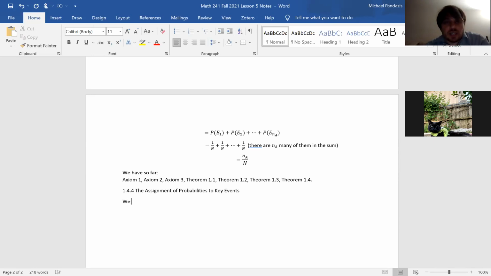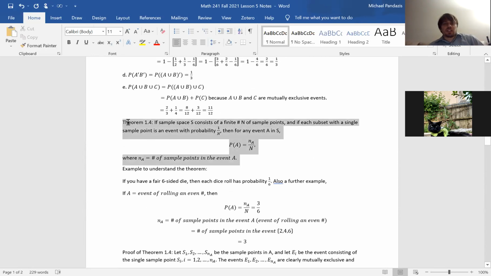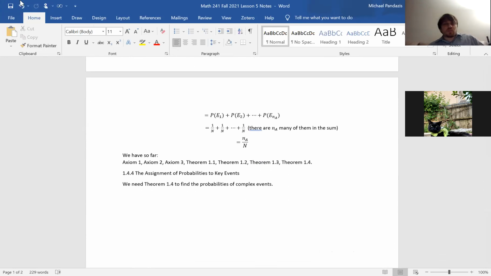So we need theorem 1.4 to find the probabilities of complex events. Theorem 1.4 is the one I just wrote down. In case that was confusing, this is theorem 1.4: the probability n sub a over n, with all these assumptions. So we need theorem 1.4 to find probabilities of complex events.